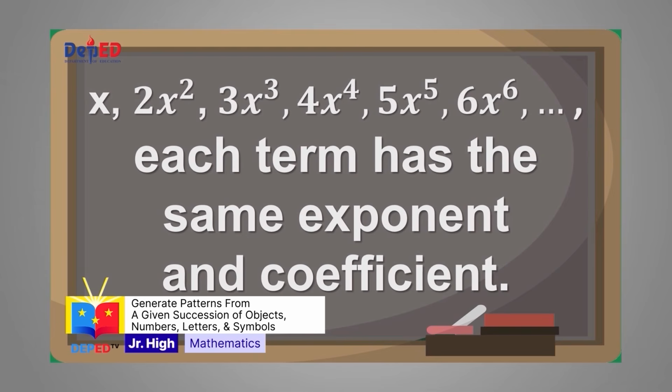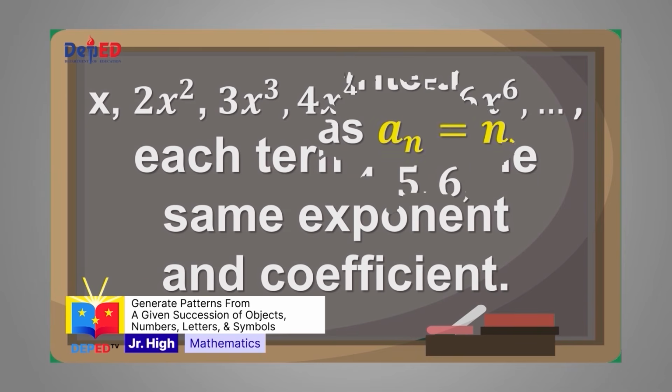In the previous example, x, 2x raised to 2, 3x raised to 3, 4x raised to 4, 5x raised to 5, 6x raised to 6, and so on. Each term has the same exponent and coefficient.